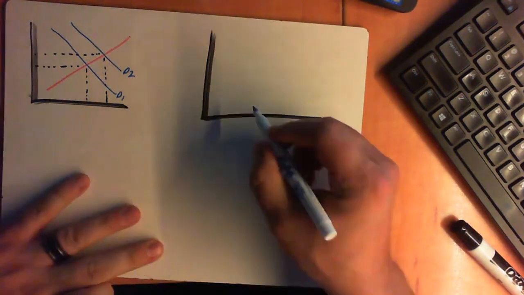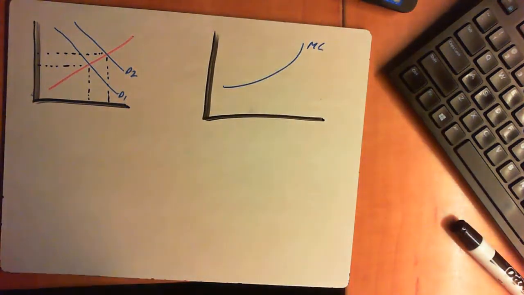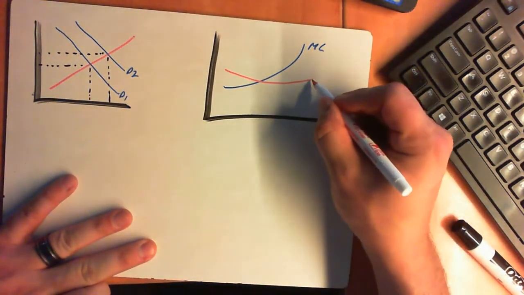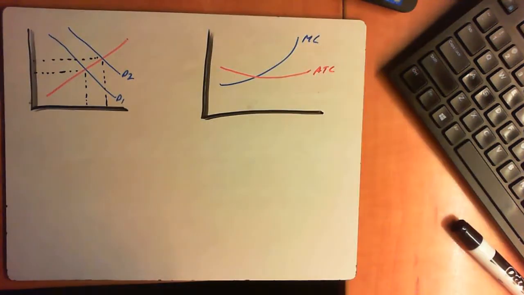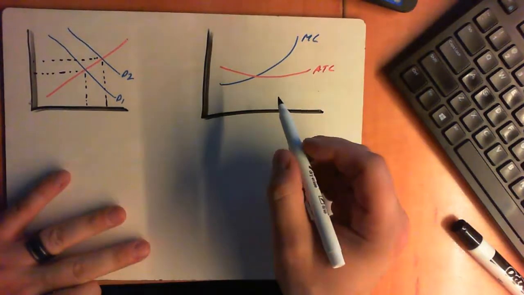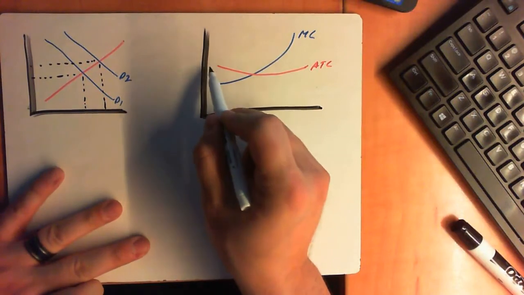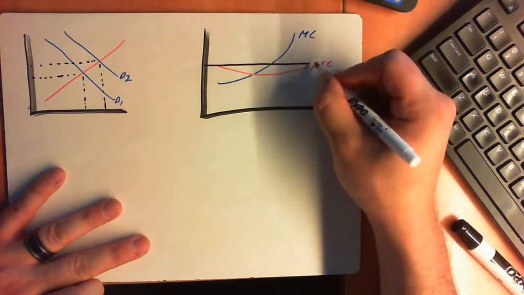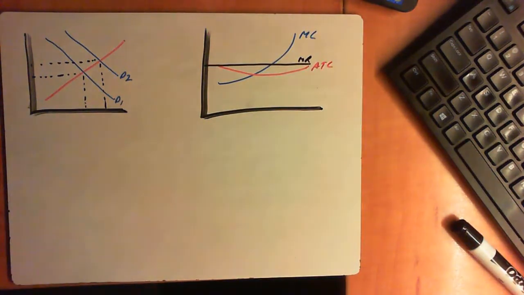And you have some marginal cost here, and we'll say some average total cost, with the black line being marginal revenue. So we're looking at the relationships here, what's actually happening.